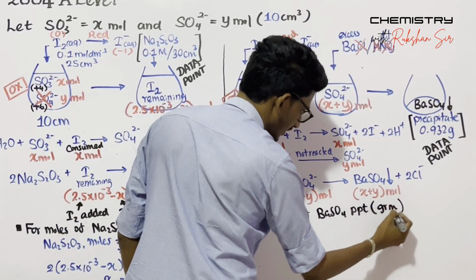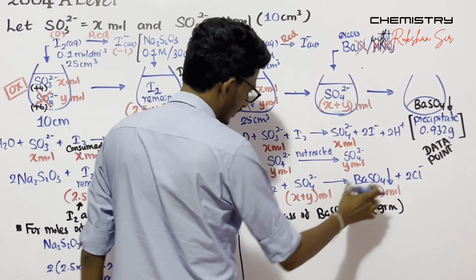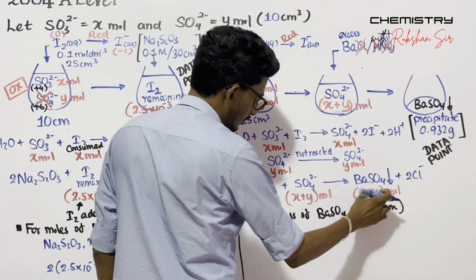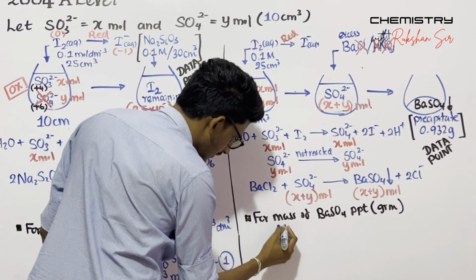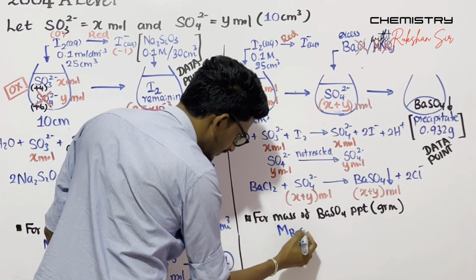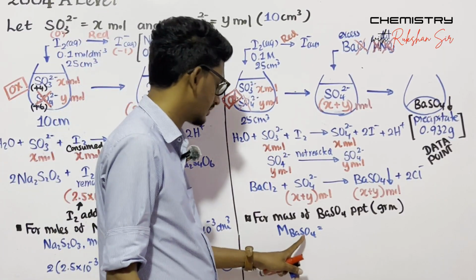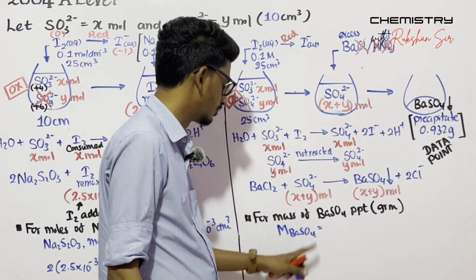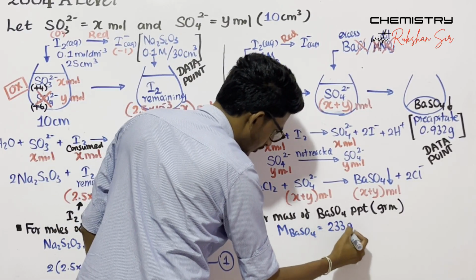First of all, we need the molecular weight of barium sulfate, in g mol^-1, to convert this X plus Y into grams. Barium is 137, sulfur is 32, and the 4 oxygens mean 16 times 4. That summation will give you 233 g mol^-1.